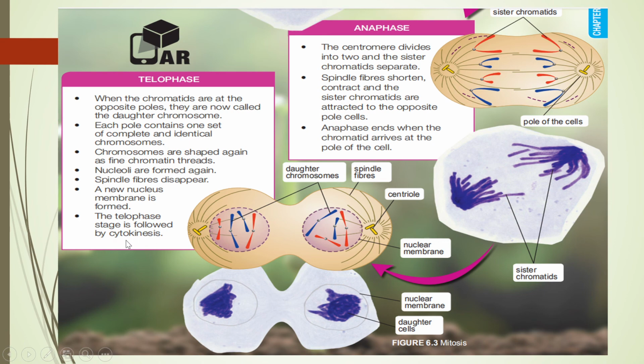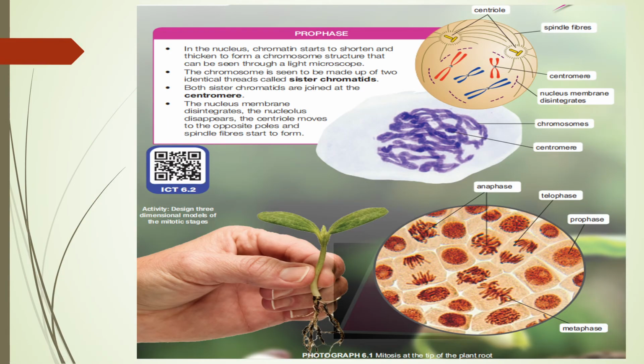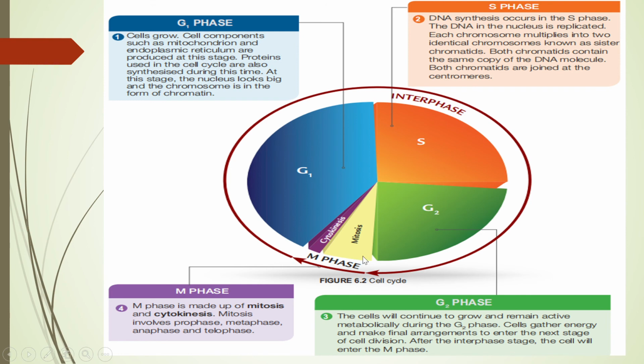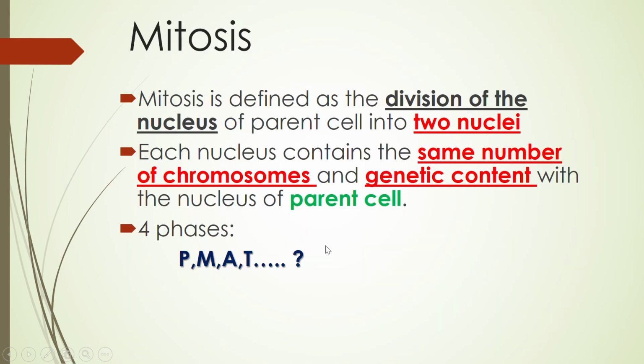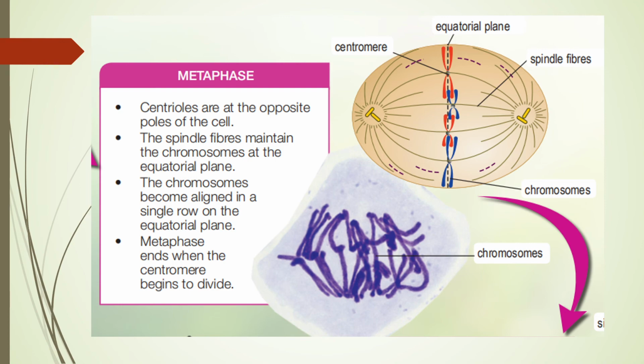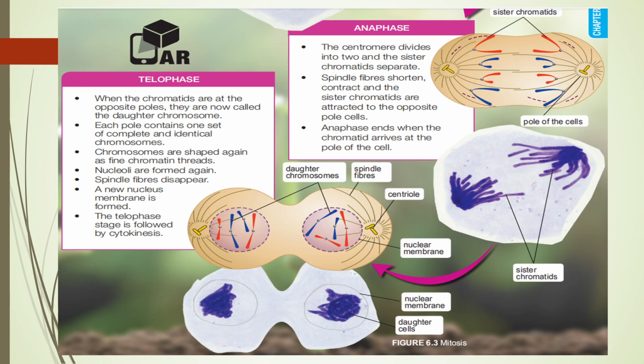Remember, what do you have in M phase? You have mitosis and cytokinesis. So what is cytokinesis? It is the division of the cytoplasm.